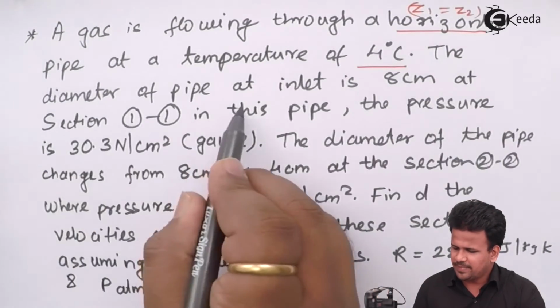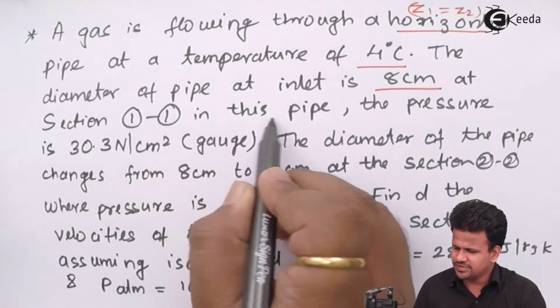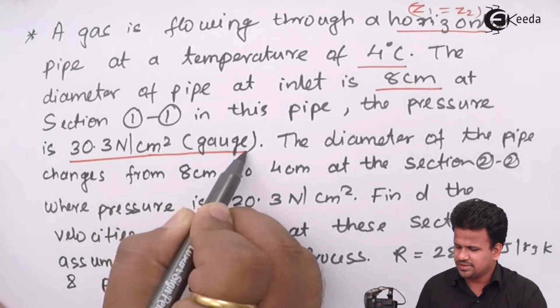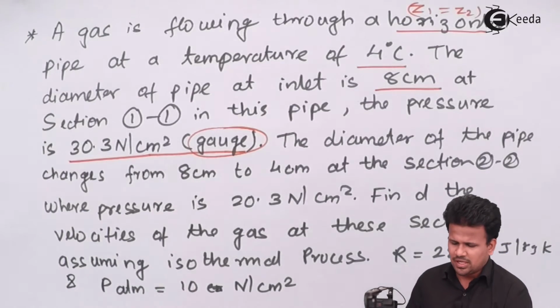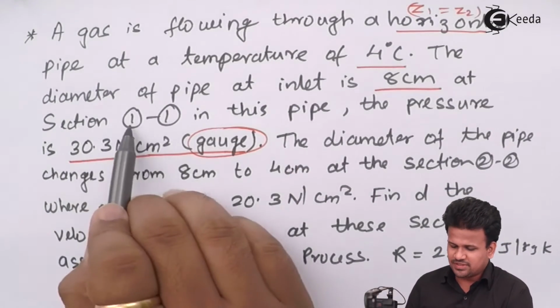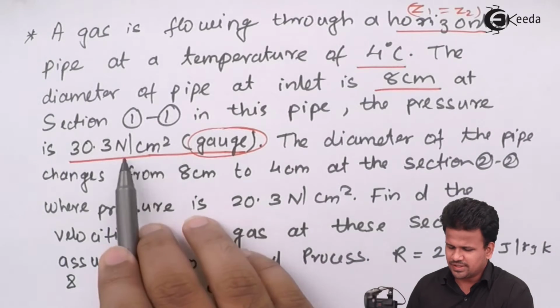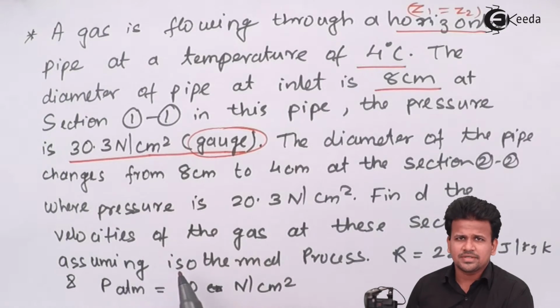The diameter of the pipe at the inlet, section 1, is 8 cm, and the pressure is 30.3 Newton per centimeter square gauge pressure.